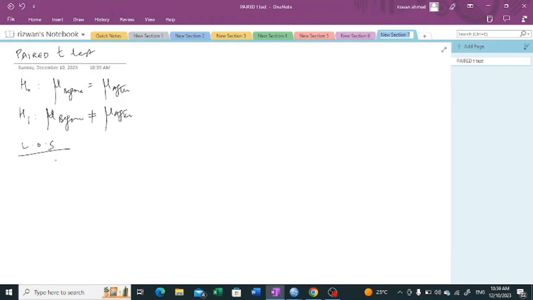Level of significance, let's suppose that's 0.05, and since it is a two-tailed test, therefore alpha by 2 would be 0.025.